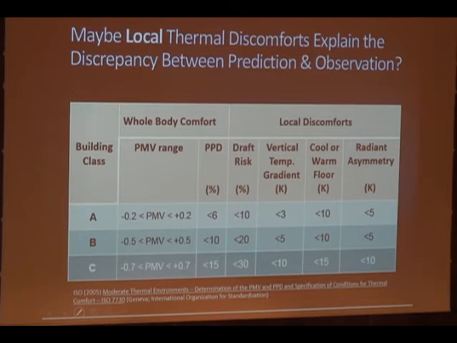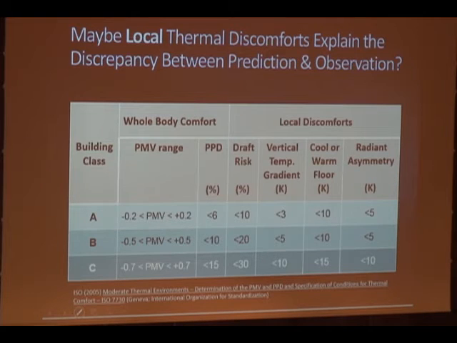So in the ISO standard 7730, there are predicted percentage dissatisfaction equations for each of those four local discomforts.